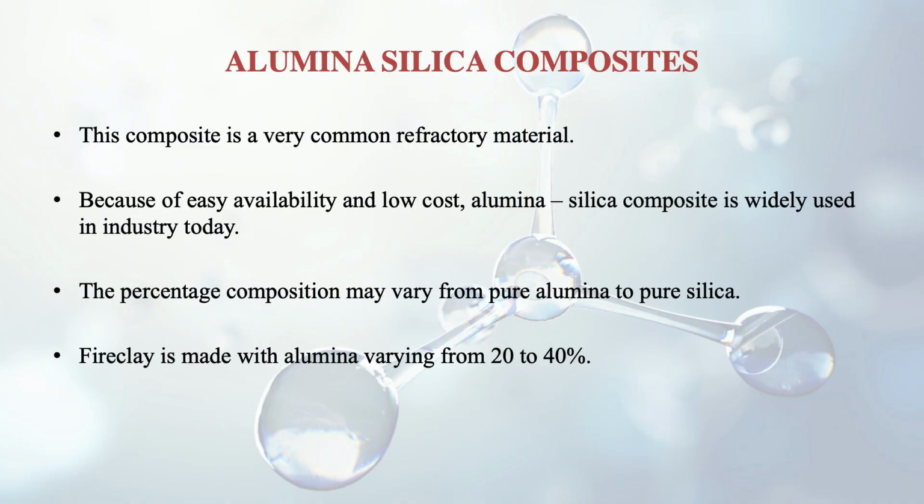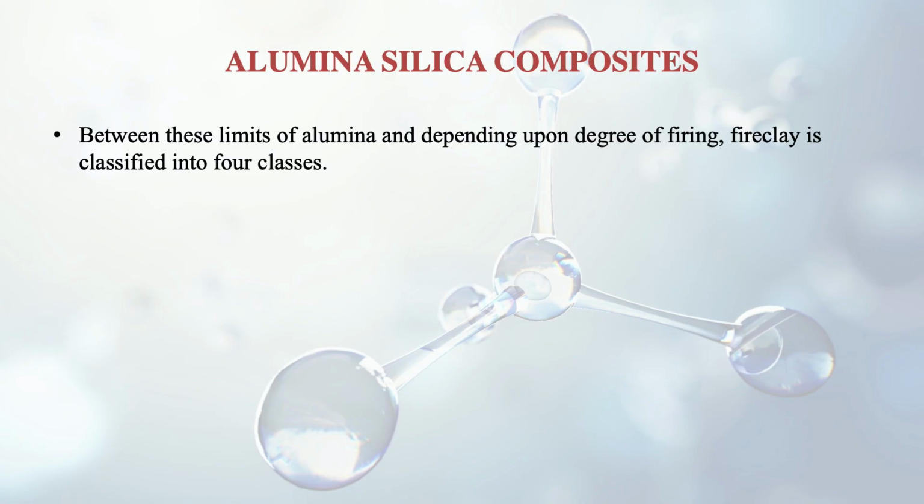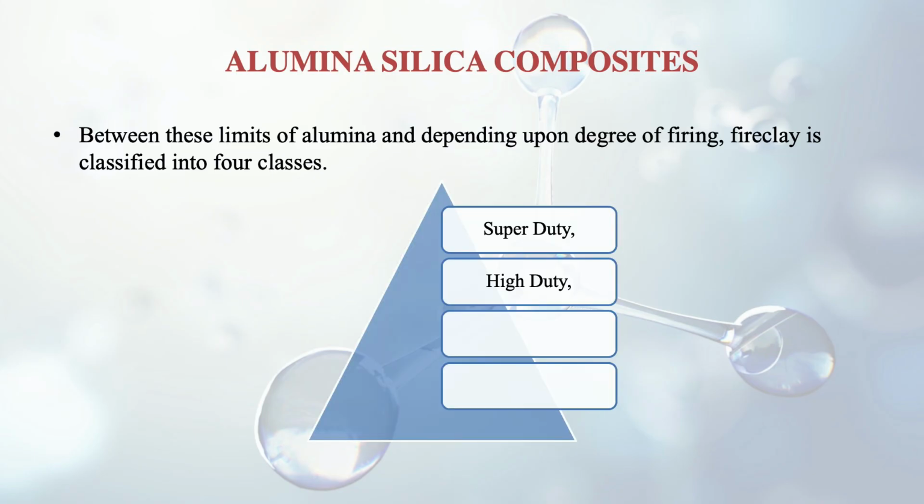The most important application is fire clay, and fire clay is made with alumina varying from 20 to 40%. So in a combination of alumina and silica, alumina will be around 20 to 40%. Between these limits of alumina, and depending upon the degree of firing, fire clay is further classified into 4 classes, which are the super duty, high duty, medium duty and low duty.